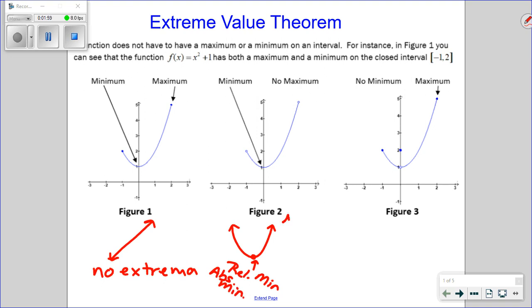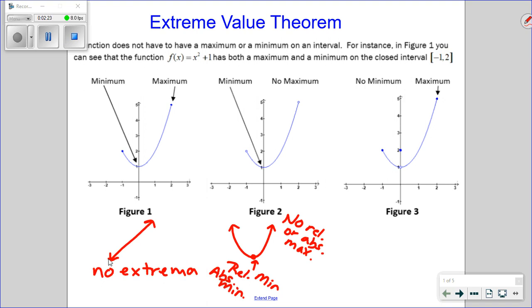This function has no relative or absolute maximum because both ends are up, and so your y values are going to approach infinity as x approaches positive and negative infinity, meaning we cannot identify the highest point on the graph.